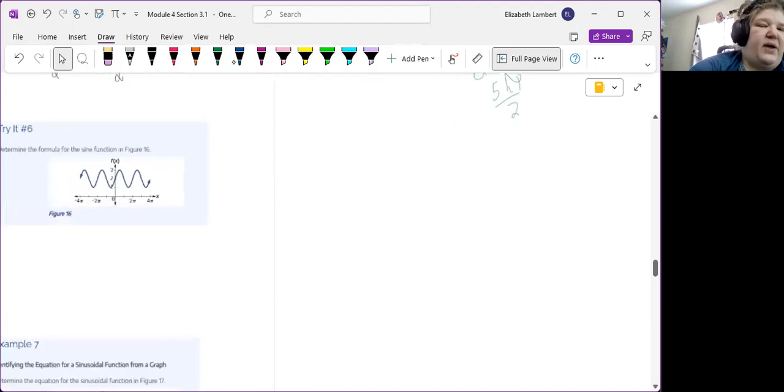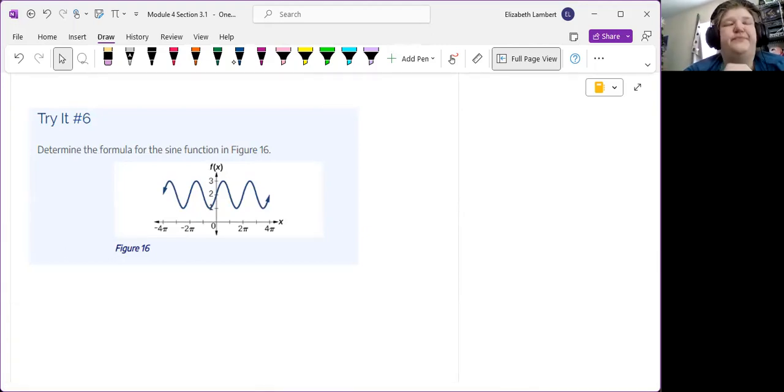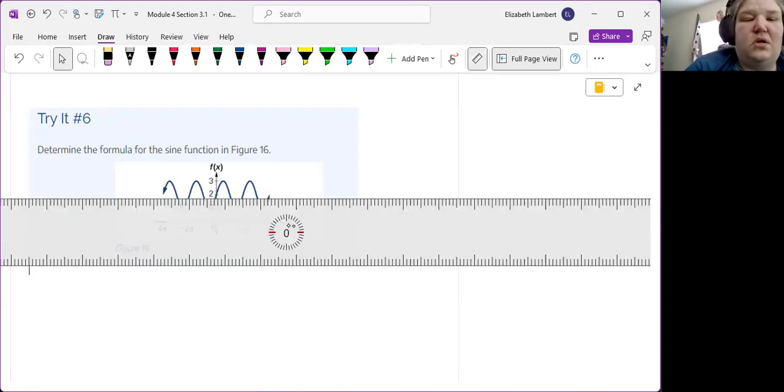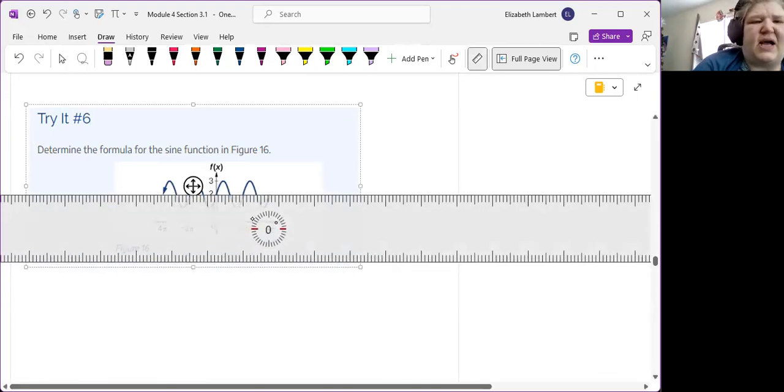All right, now we have a couple that are asking us to work backwards. So they're giving us a graph and they're asking us to produce the formula that will graph this. This can get a little weird, but they told us this was a sine graph.